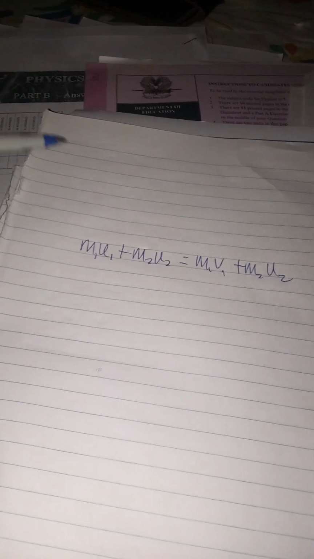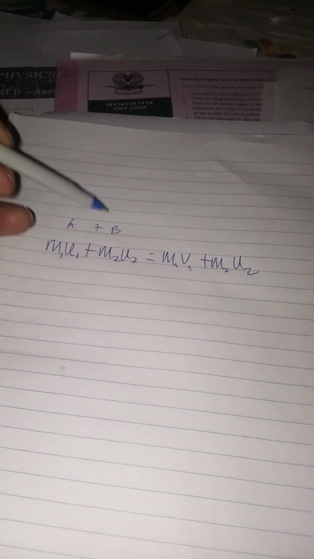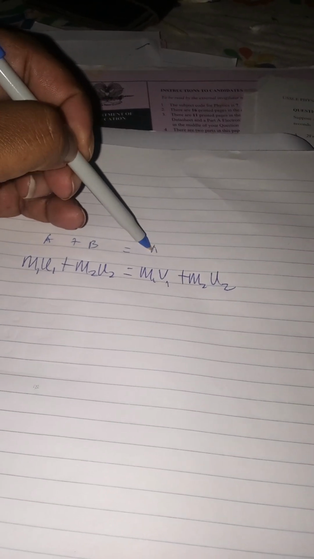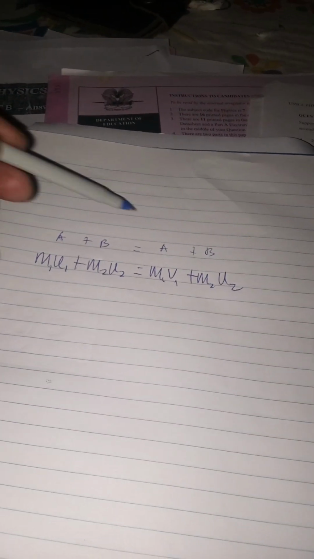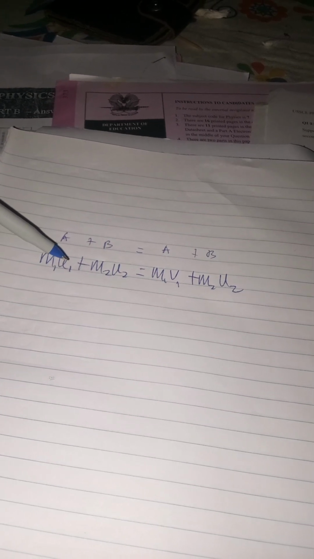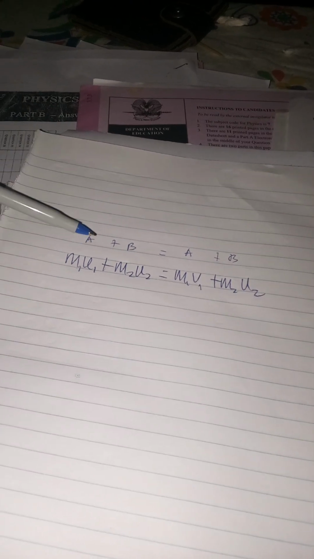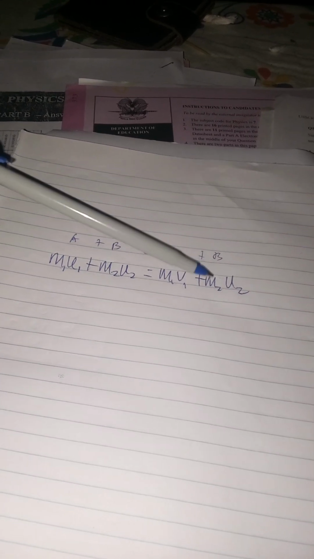This basically means that the momentum of these two bodies, this is for A and this is for B, the total momentum before is equal to the total momentum after. Momentum is conserved, so that is why we have this relationship.